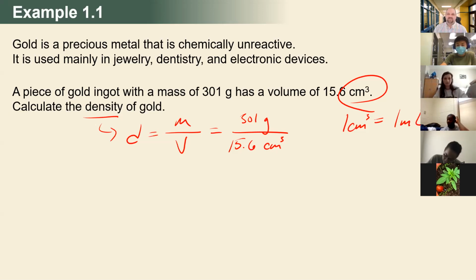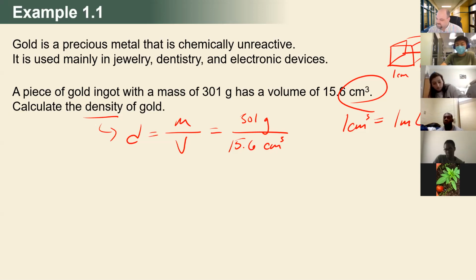The reason that length cubed is the same as volume is because if we draw a cube, and my skills as an artist are not great, but if we draw a cube, right, then we have 1 centimeter here, we have 1 centimeter here, and we have 1 centimeter here. To calculate the volume of that cube, it's just 1 centimeter length times 1 centimeter width times 1 centimeter height, and we get 1 centimeter cubed.